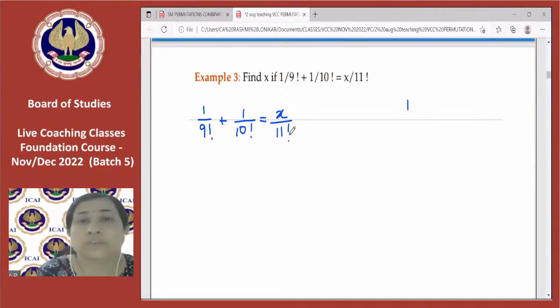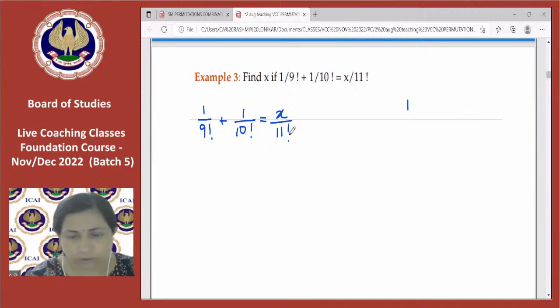Now we have fractions over here. What is important in fractions is that you try to make the denominator the same. In normal sums, when we make the denominator the same, we look at the factors. But here we have factorials, because this exclamation mark means factorial.